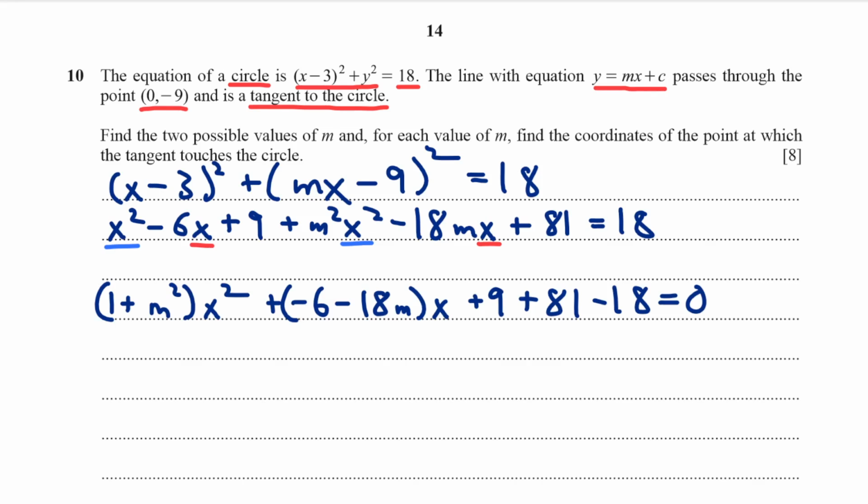So this will simplify down to just 72, because 81 plus 9 is 90, 90 minus 18 is 72.